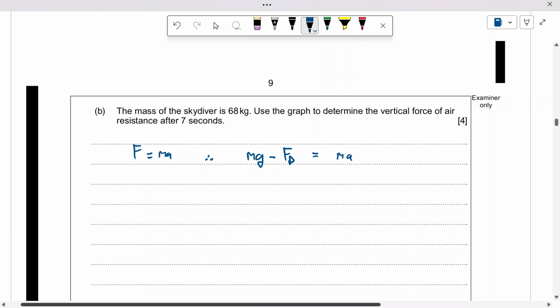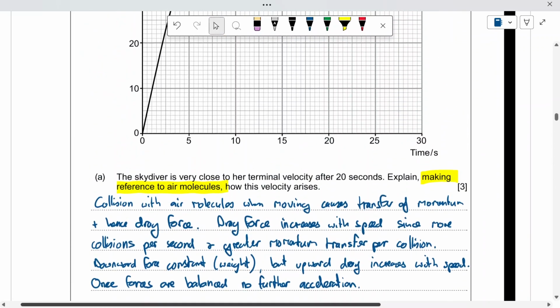So the air resistance force, the drag force, must therefore be equal to mg minus ma, equals m(g minus a). So let's have a look at the graph and see if we can find acceleration from it.